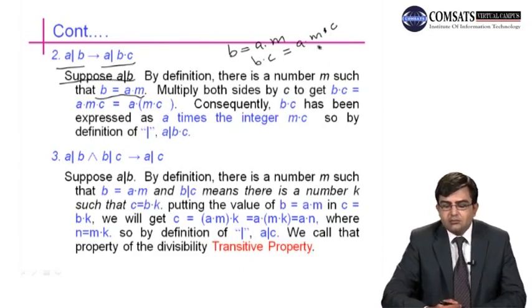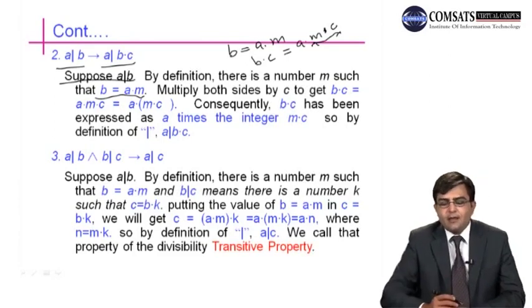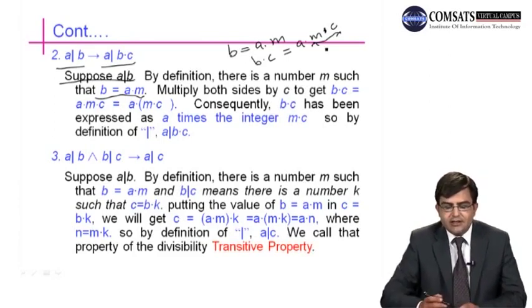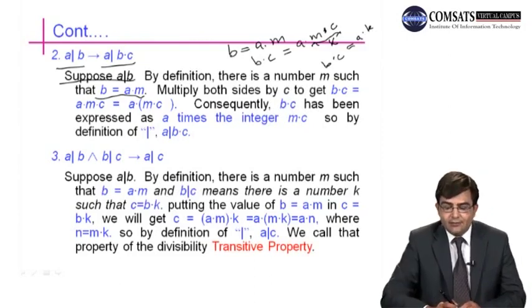Now if we take m times C as some other integer k, so B times C can be written as A times k. How can we write k?